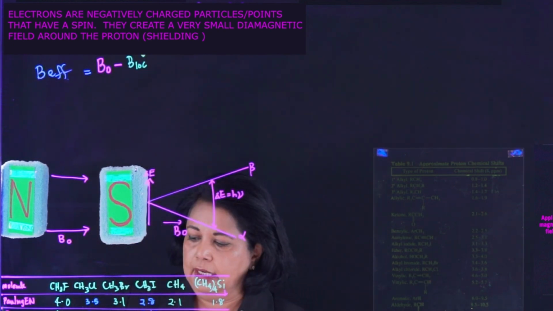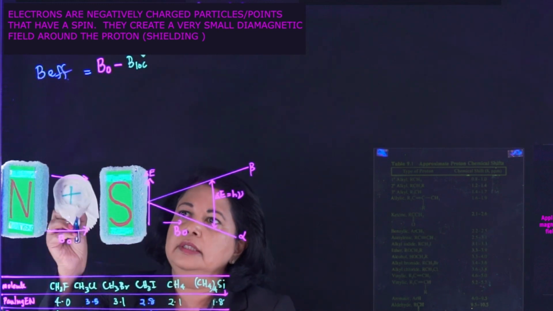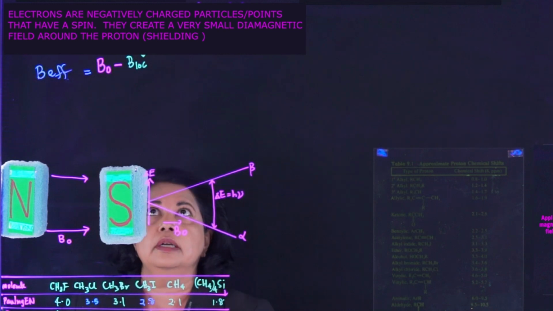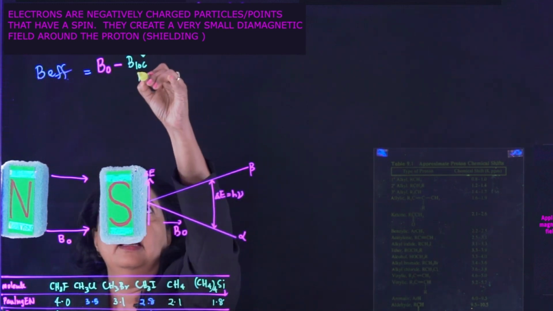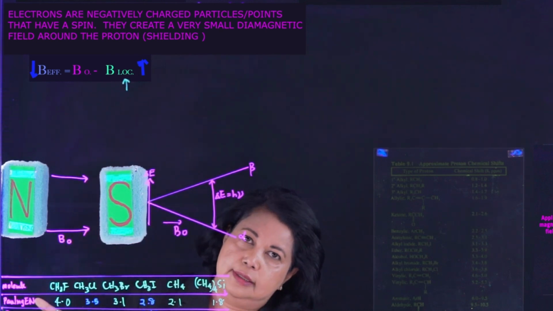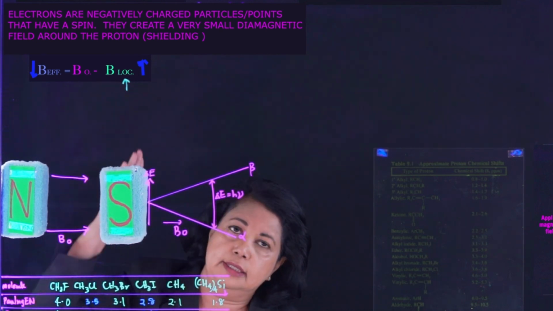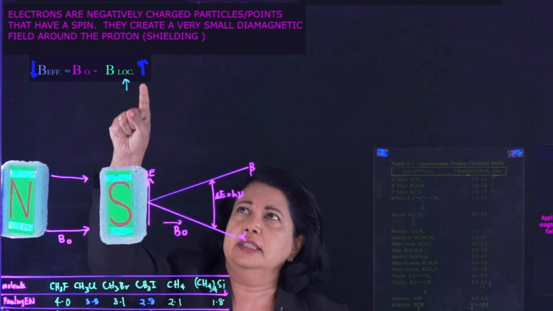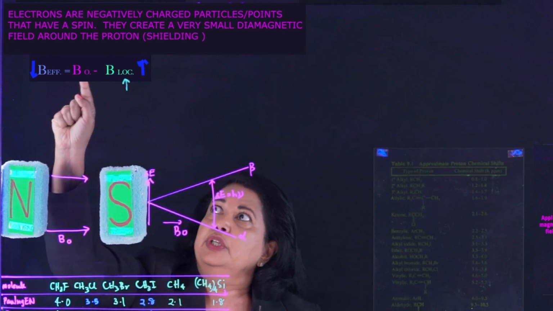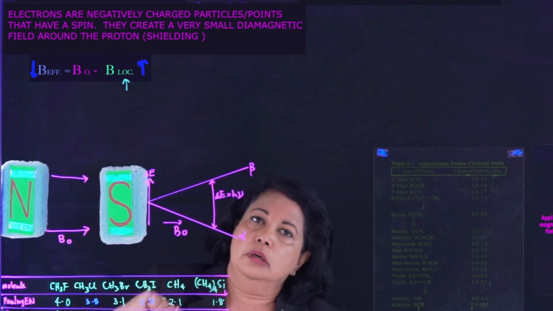So if you have a lot of electrons around a proton, then your B local would be high. If your B local is high and B0 is a constant, which is the machine's magnetic field and is very high, and these are tiny amounts, even then this is going to be a little lower.